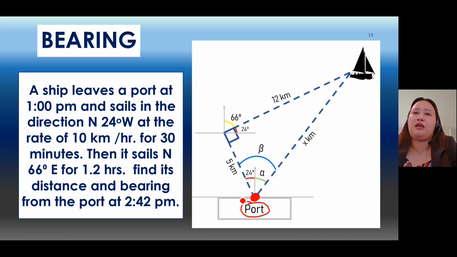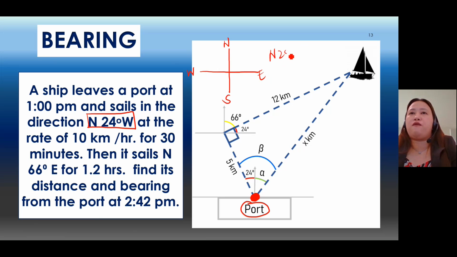So it means that if we are going to graph this, the north 24 degrees west, remember, we have here north, west, south, and then east.